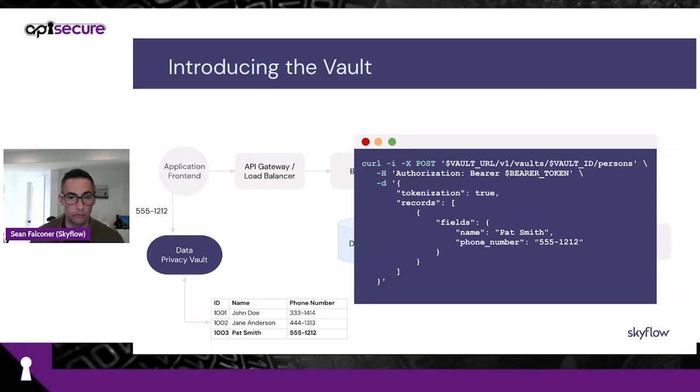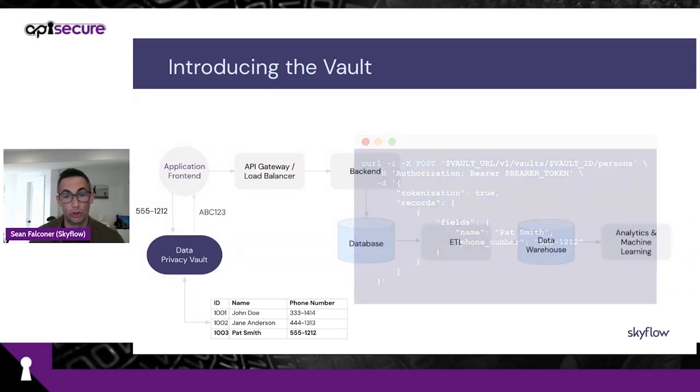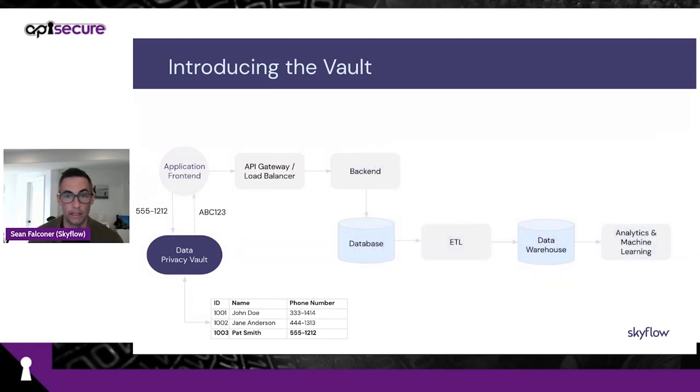So here, Pat Smith's record exists only within the vault in terms of Pat Smith's actual customer information. And what the vault can do is create a reference to that data that is a de-identified version of that information in the form of a token. A token has no mathematical connection to the original data. It's not like encryption, where if you have the key or you can figure out how to brute force it, you can break the encryption and reverse it back to the original data.